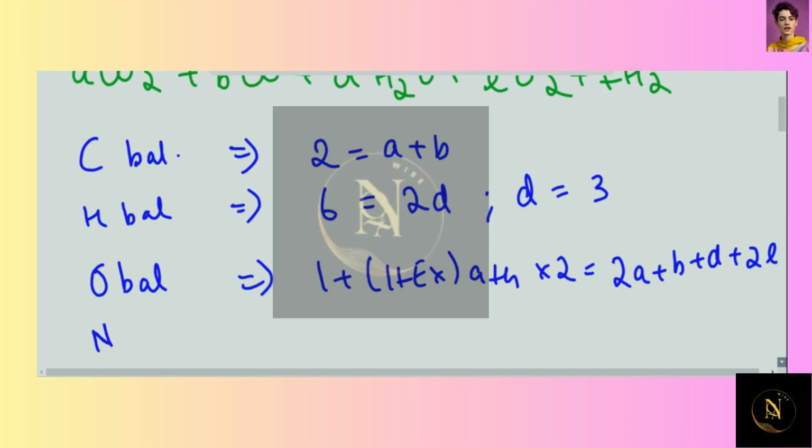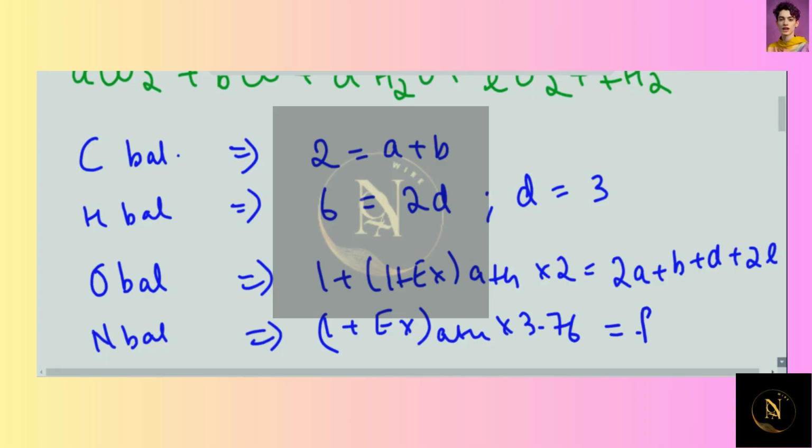And the nitrogen balance is (1 plus x) a_th into 3.76 equals F. So these are the mass balances that we have got.